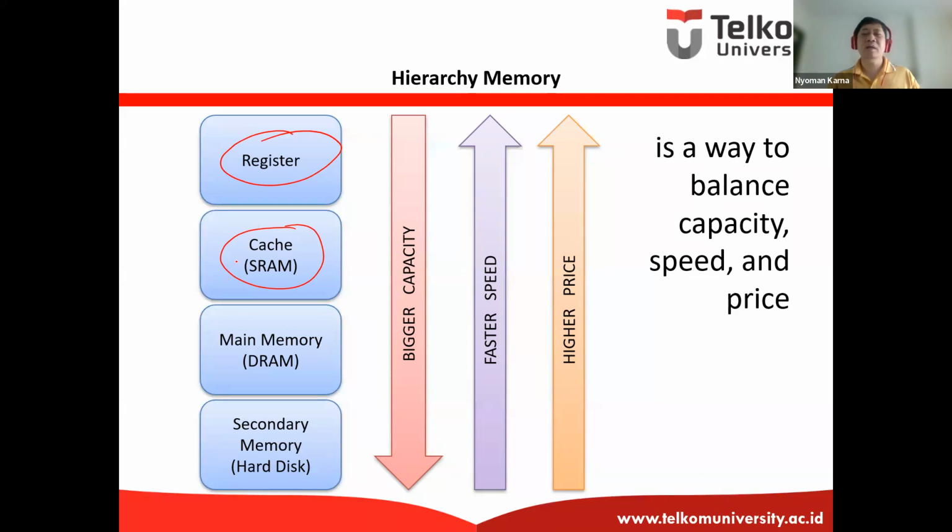So that's why we need another type of memory, which is the main memory, dynamic RAM. Dynamic RAM is much bigger, but slower than the cache, and cheaper compared to the cache. And then if the main memory is not enough, we can also add a hard drive or an SSD. This is the secondary memory, much bigger capacity but slower speed, and the most affordable price.